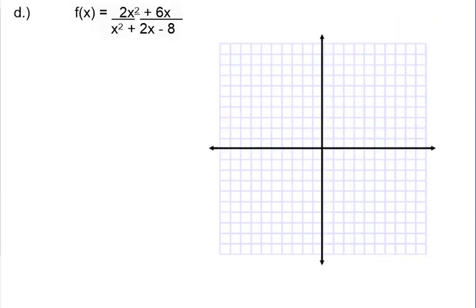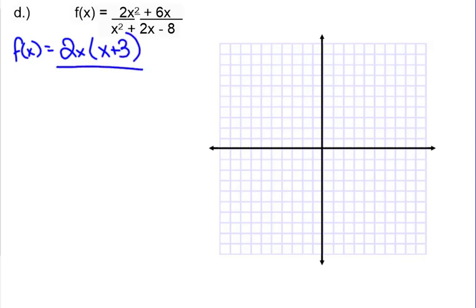So (2x² + 6x)/(x² + 2x - 8). So we have f(x) is equal to, well, we'll take out a common factor of 2x, and we are left with x + 3 over, if we factor, this would be (x + 4)(x - 2).